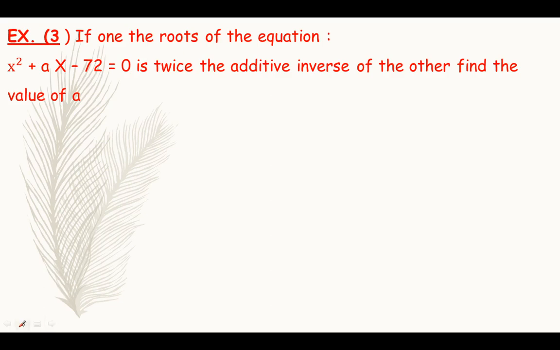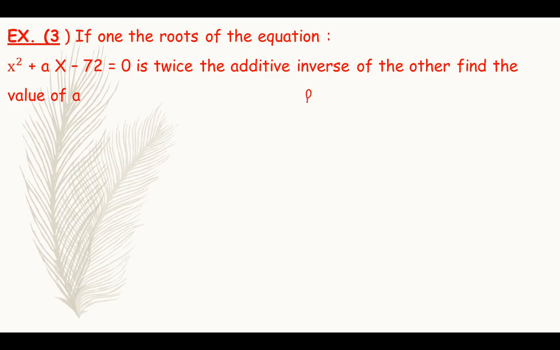So here one of the two roots is twice the additive inverse of the other. So in this quadratic equation, one of the roots is twice the additive inverse of the other.